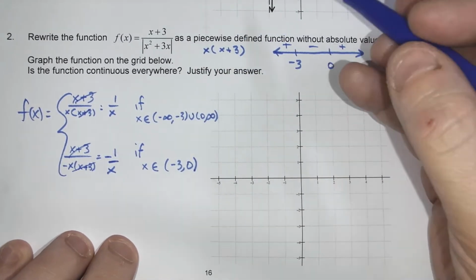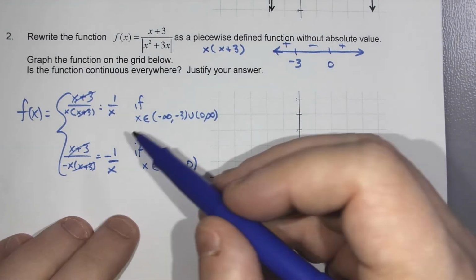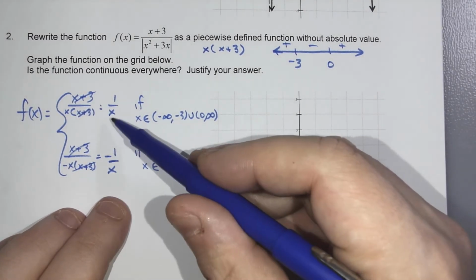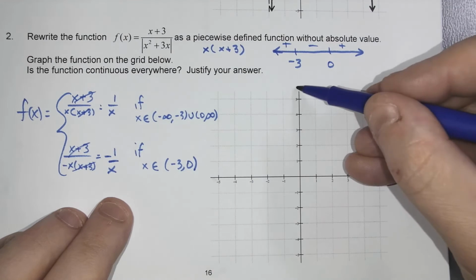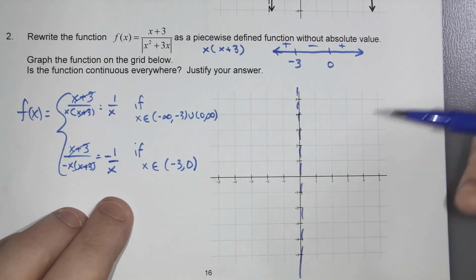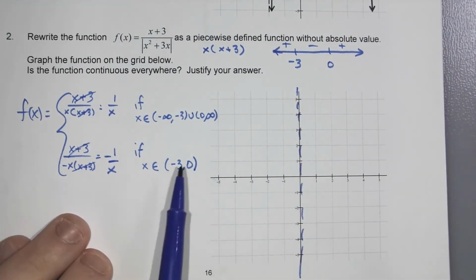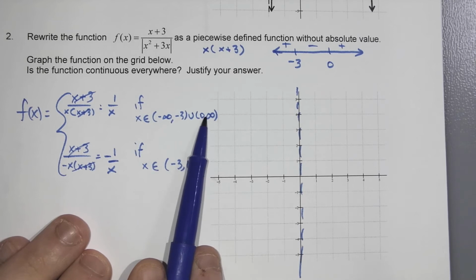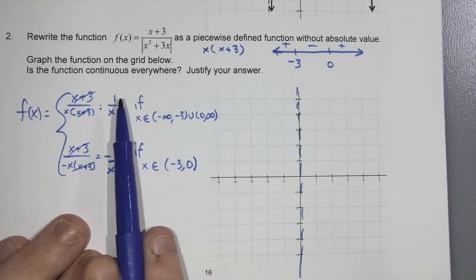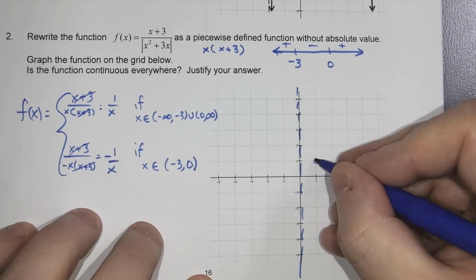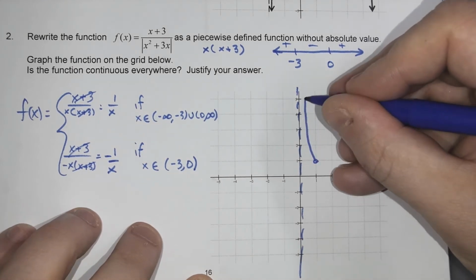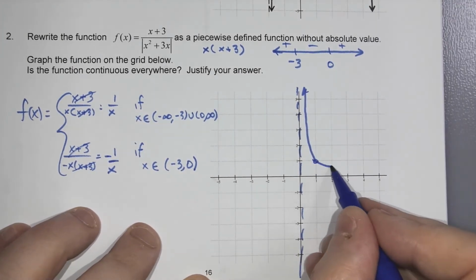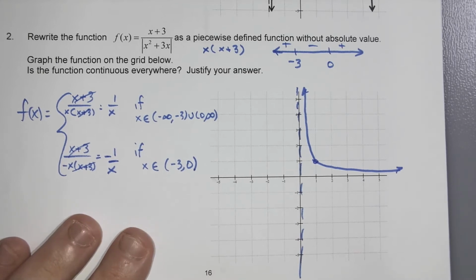Okay, so now to graph this function, x equals 0 is a vertical asymptote. So I will draw in my vertical asymptote at x equals 0. For the values that are above 0, the function is 1 over x. 1 over x is the inverse variation graph, right?